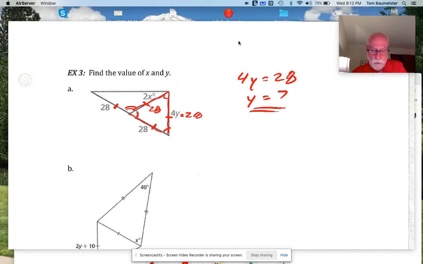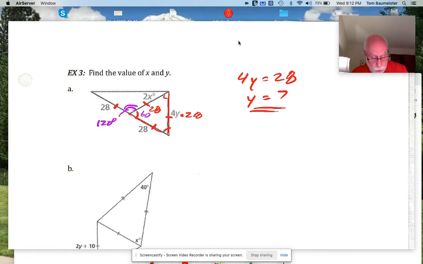So why don't I use a different color for you? Okay. So let's see. We already know that this one here is 60 degrees. So we know that this one has to be 120 degrees.